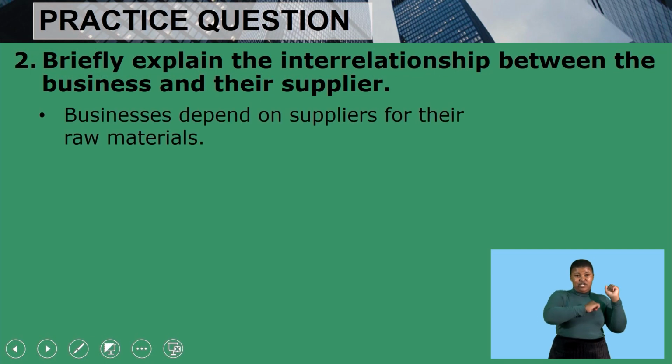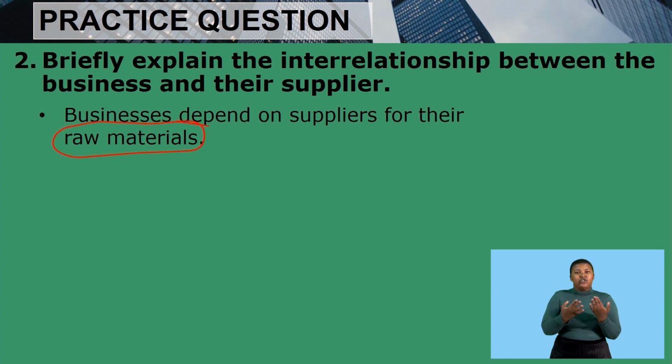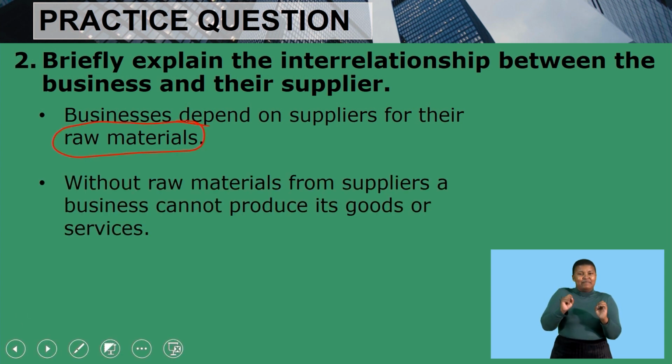Remember, the business depends on the suppliers for their raw materials. So when we don't get raw materials from our suppliers, we don't have anything to produce our products with. So without the raw materials from our suppliers, the business cannot produce any goods or services.